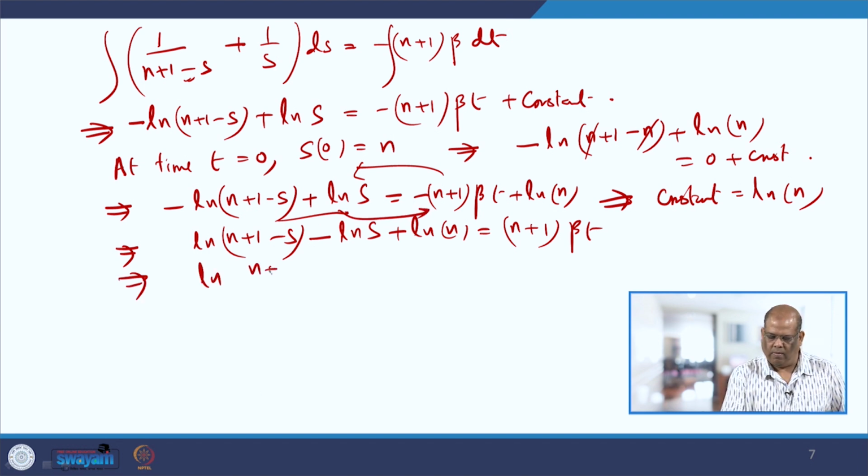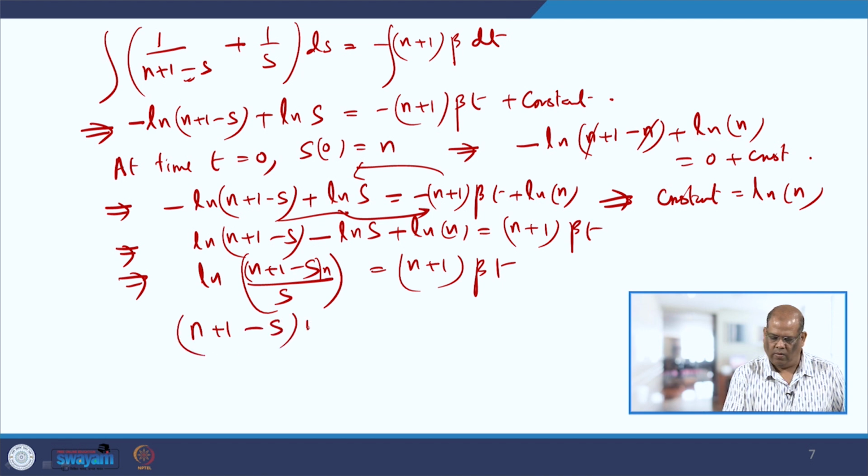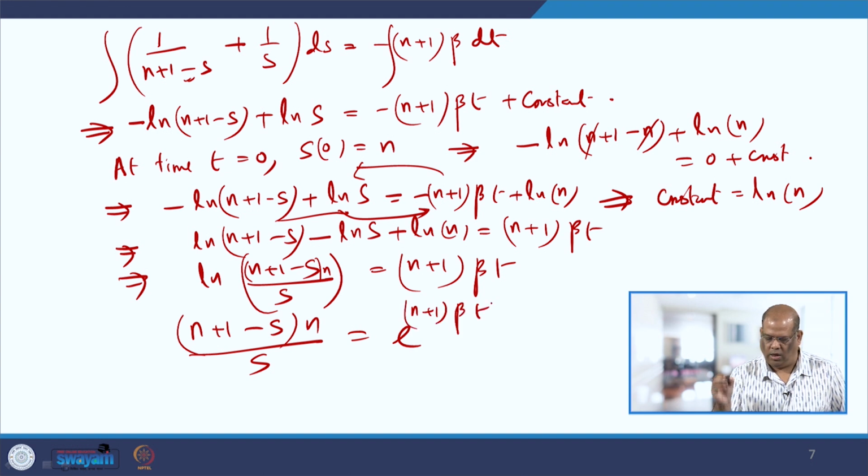Then this is (n plus 1 minus S) divided by S multiplied by n equal to e to the power (n plus 1) into beta t.